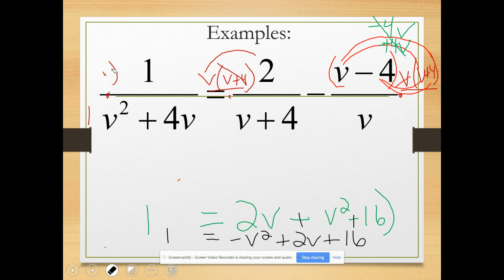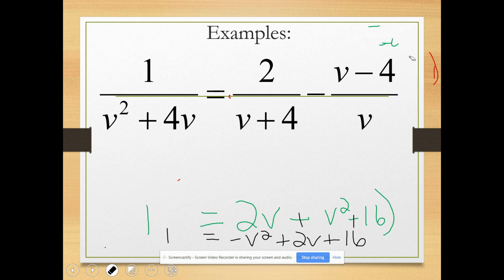So the next thing I'm going to do is bring that 1 over with the 16 by subtracting 1. So that will give me 0 is equal to negative v squared plus 2v plus 15.